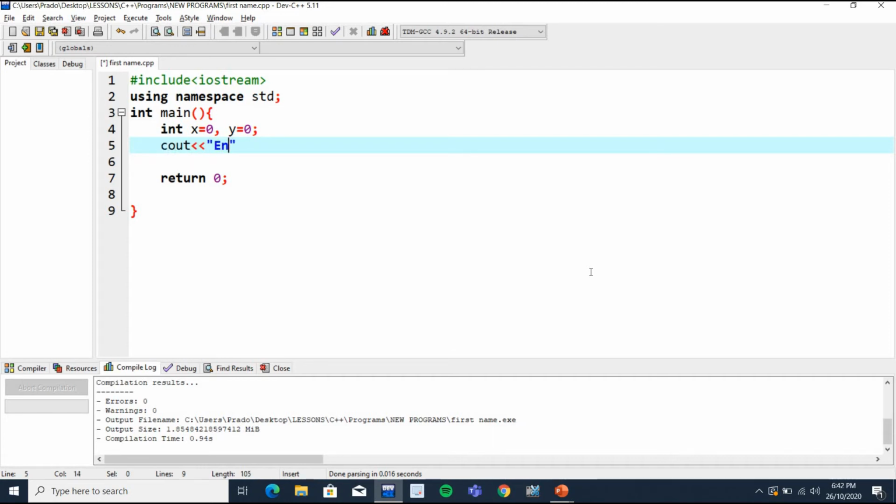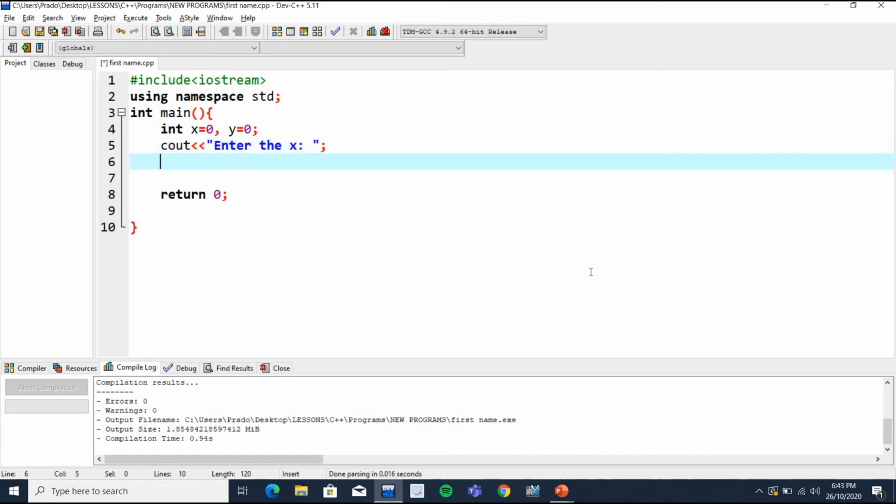So, cout, enter the first number, or enter the x. Ayan, enter the x, semicolon, saka natin siya ilagay sa x. So, cin, and then x.